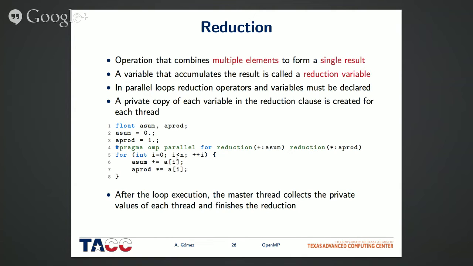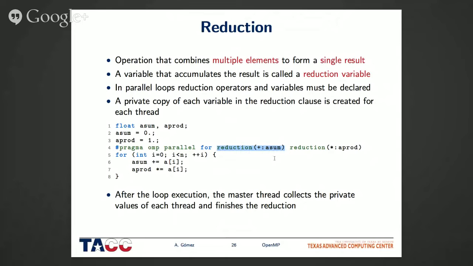So reductions are operations that combine multiple elements to form a single result. The variable that accumulates the result is called a reduction variable. The syntax is a little bit funny.